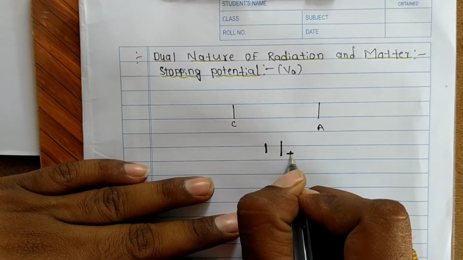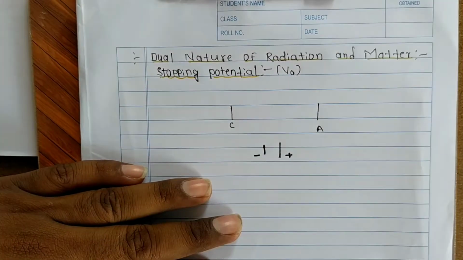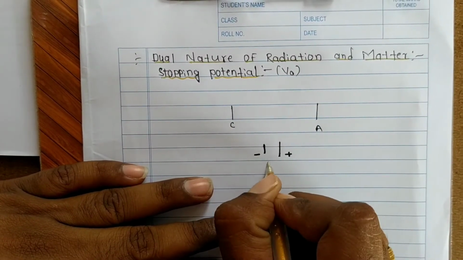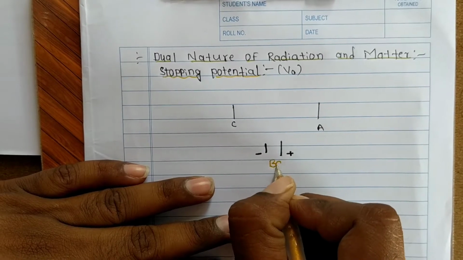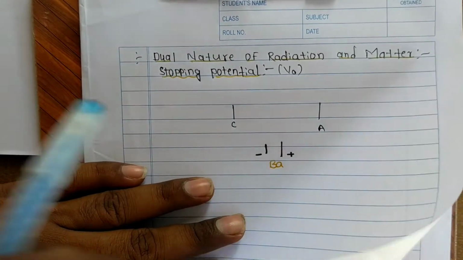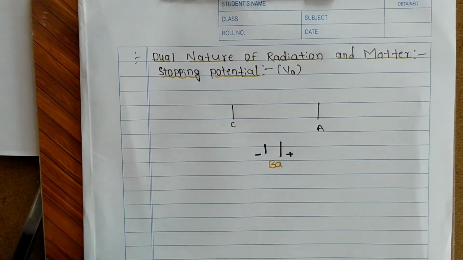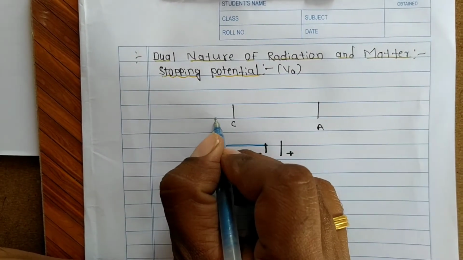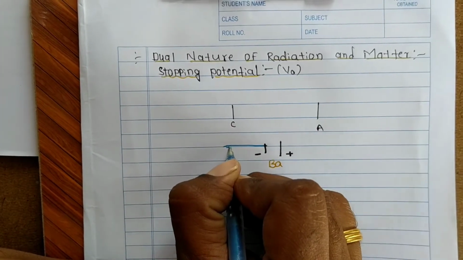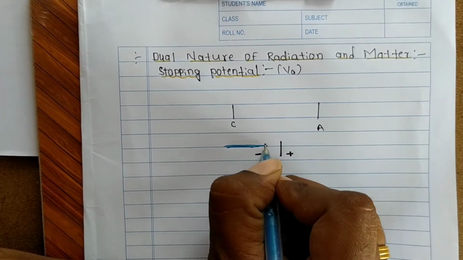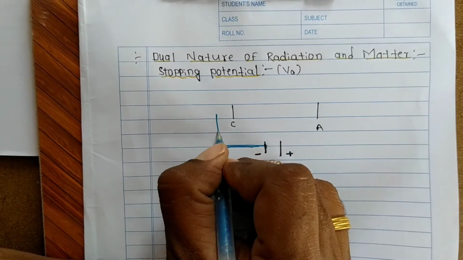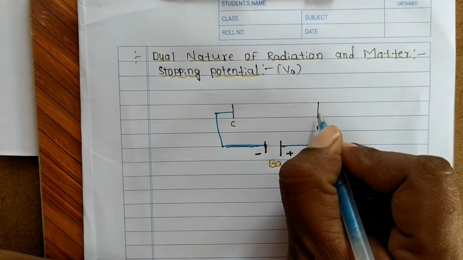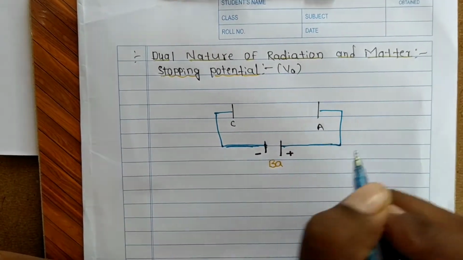This one is the positive terminal of the battery and this one is the negative terminal. BA means battery. The negative terminal of the battery is connected to the cathode plate, and the positive terminal is connected to the anode plate.